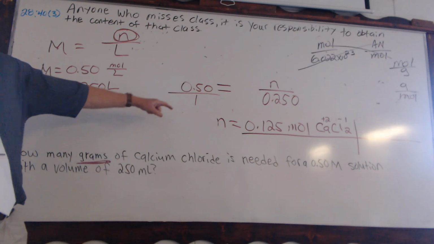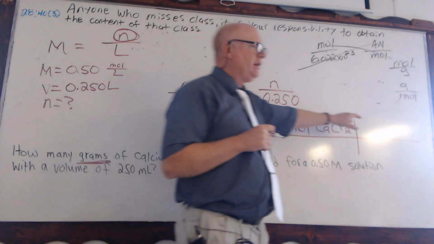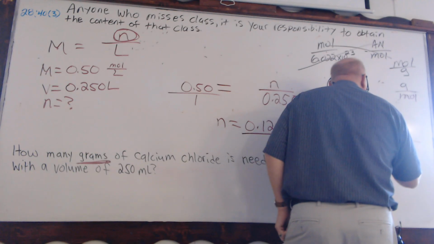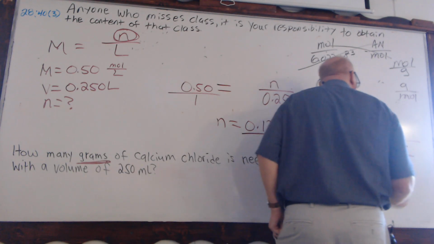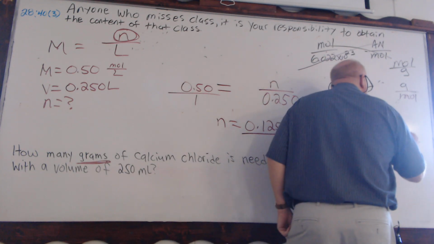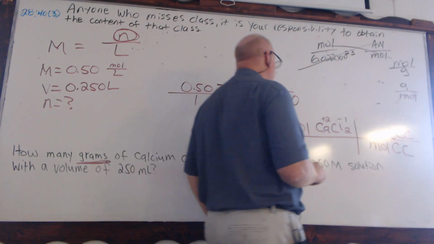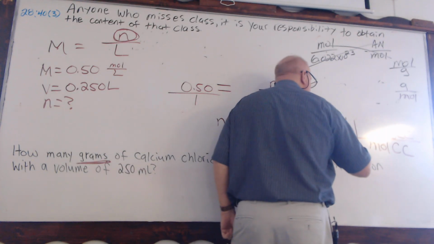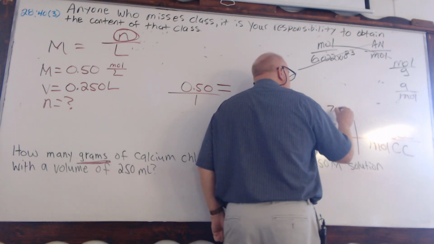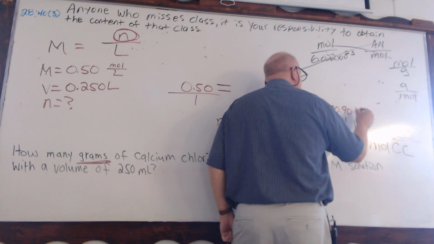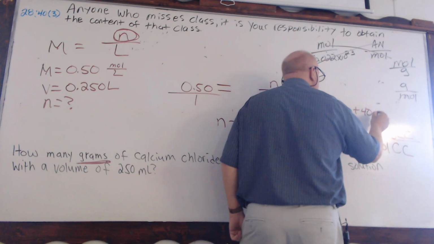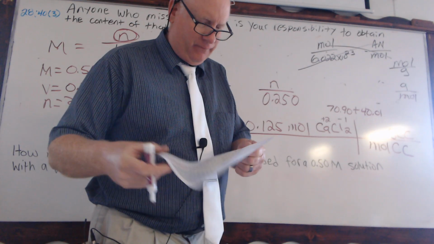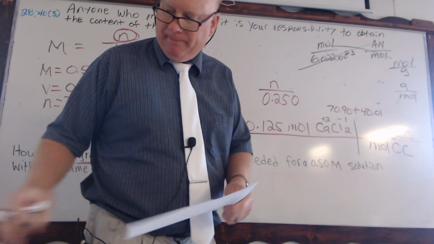So how do we cancel moles out in our next step? Put it on the bottom. So for every mole of calcium chloride, how many grams of calcium chloride would we get? Well, okay, for every one of these, it's 35.45. I think that's right. 0.08. Okay.